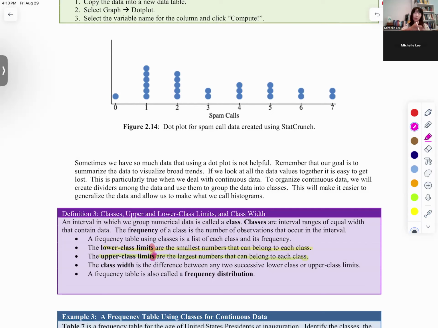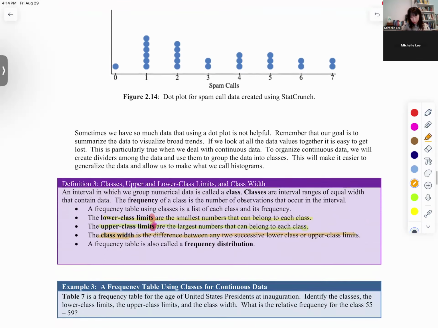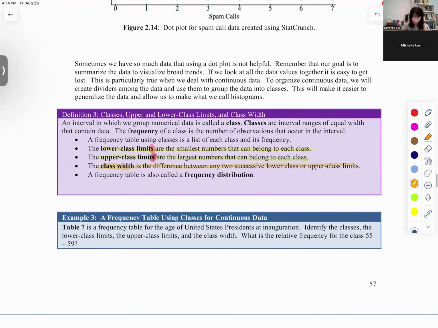The difference between consecutive lower limits or consecutive upper limits should be the same number, the class width. So we know there was a frequency table, right?